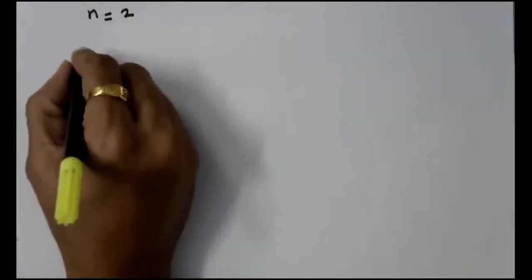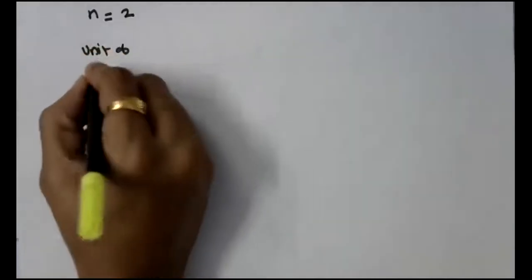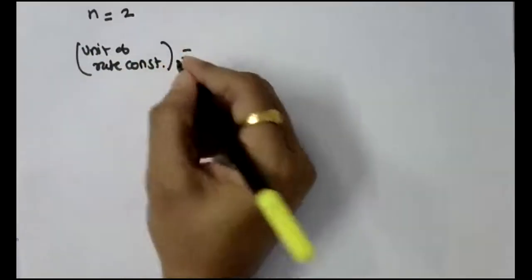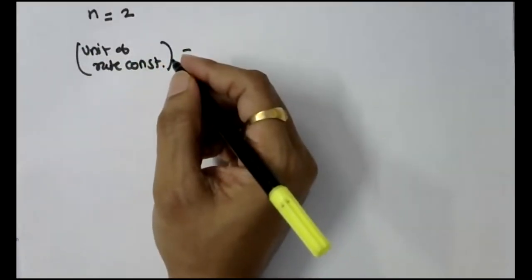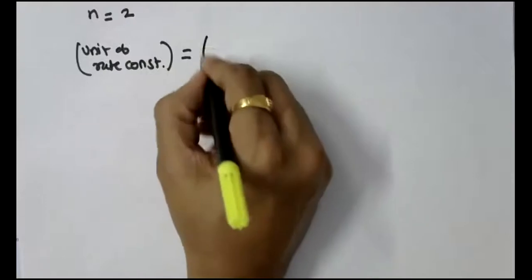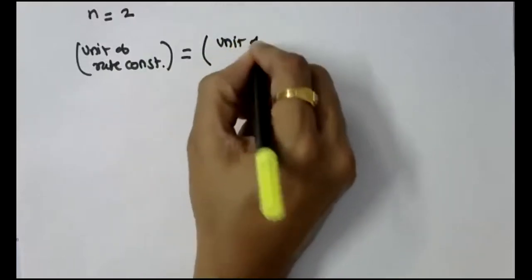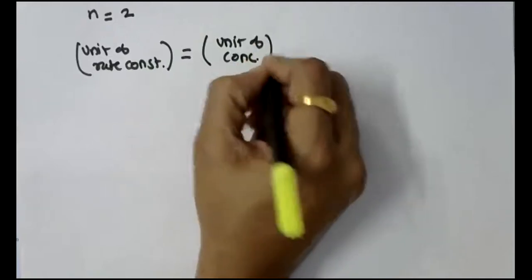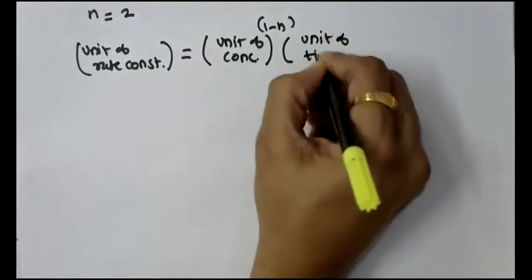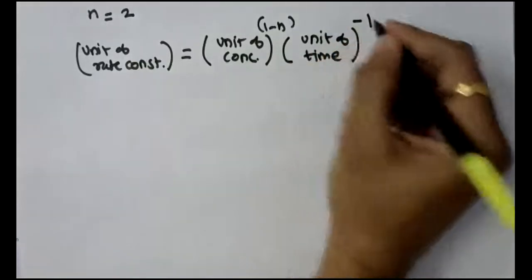Now again, consider n is equal to 2. The general formula for unit of rate constant for nth order reaction is unit of concentration raised to 1 minus n into unit of time raised to minus 1.